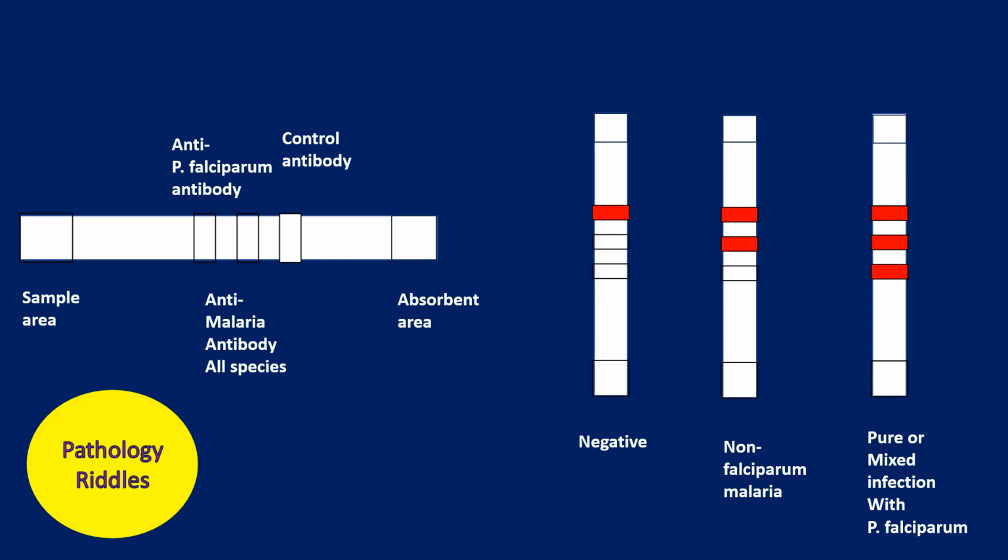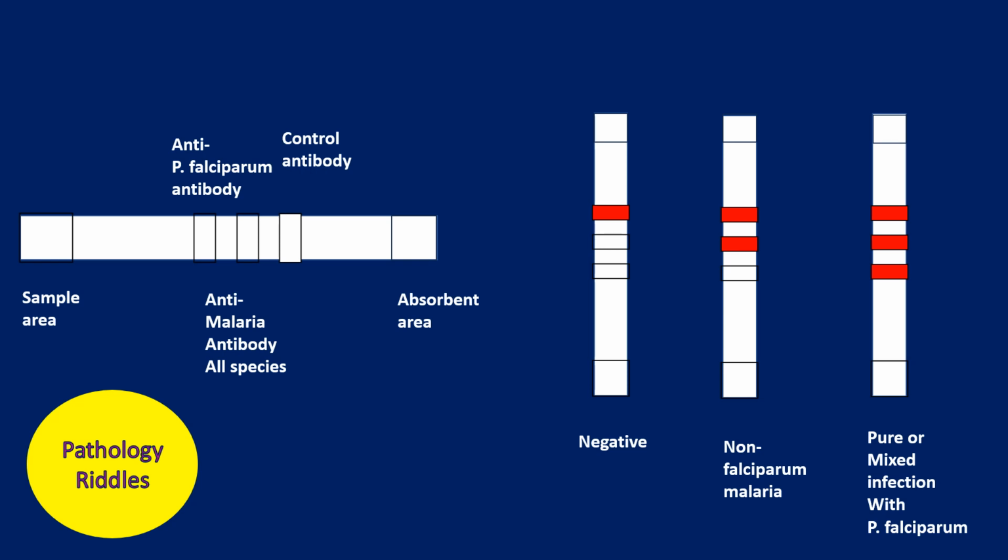This is either done before adding in the sample, or in some kits there is a buffer solution which contains a hemolyzing compound in the kit itself. The buffer solution also contains an antibody labeled with a marker like colloidal gold. So once hemolysis takes place, the parasitic antigen is bound to this antibody with the marker.